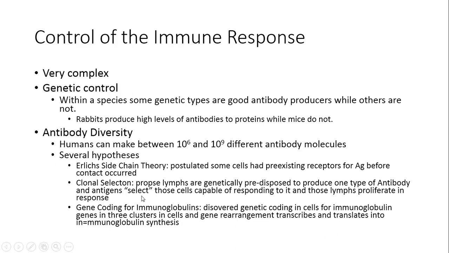Clonal selection, on the other hand, proposes that lymphocytes are genetically predisposed to produce one type of antibody, and that antigens actually, in a way, select those cells that are capable of responding to them.